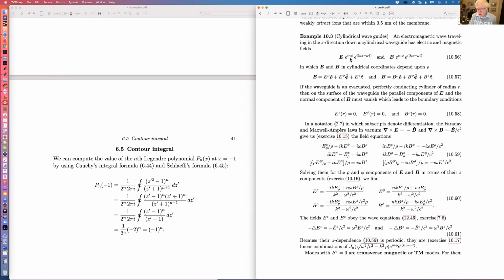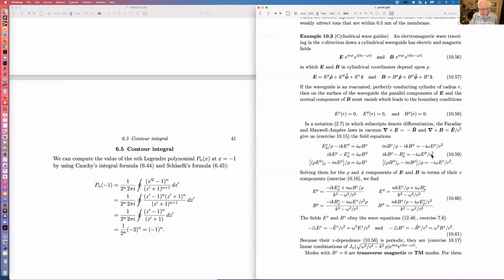E dot, of course, we know the time dependence of E and B. They're just e to the minus i omega t. So these E dot and B dot are easy to compute. And that's where these omega terms come from, these minus i omega terms.